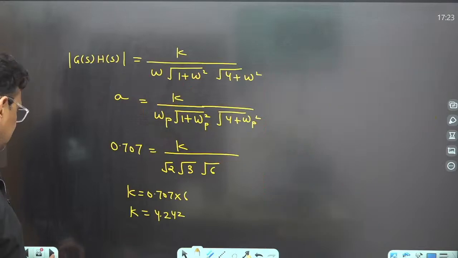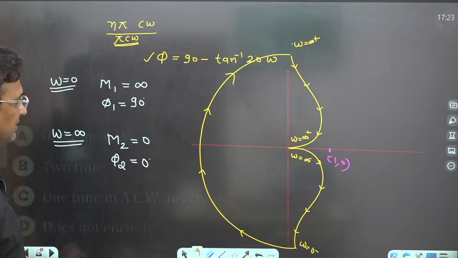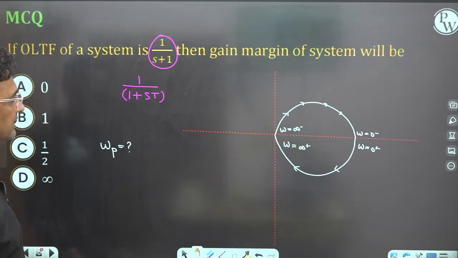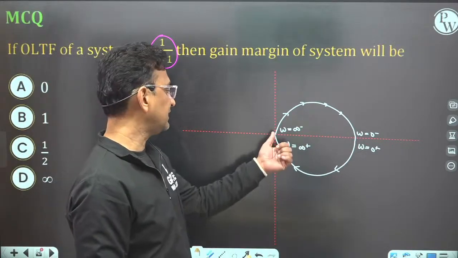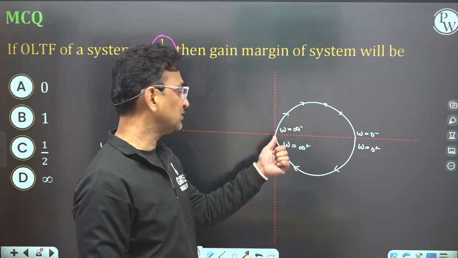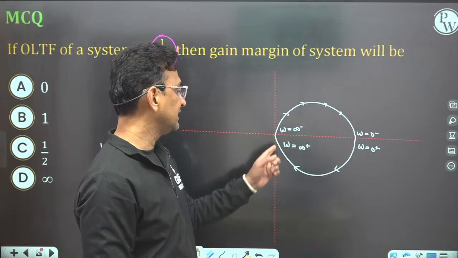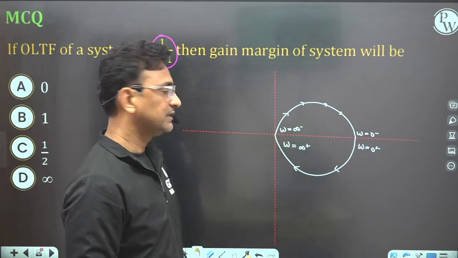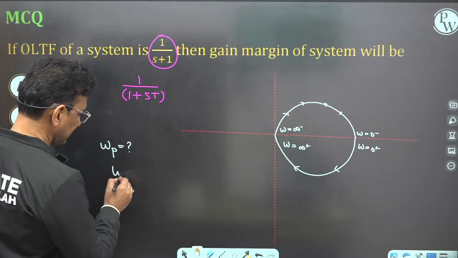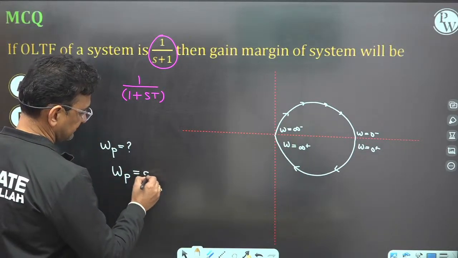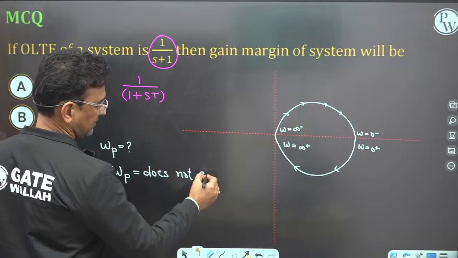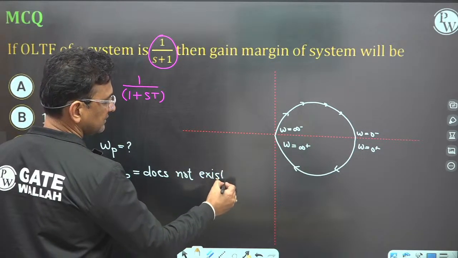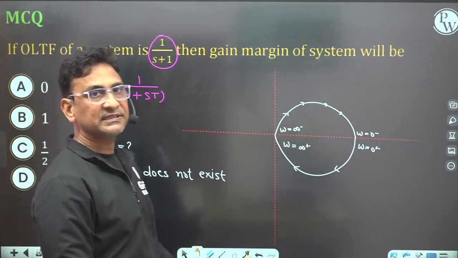But in this Nyquist plot, or the polar plot, it is not cutting the negative real axis. It is cutting at the origin. That means omega p does not exist. For this transfer function, the phase crossover frequency does not exist.